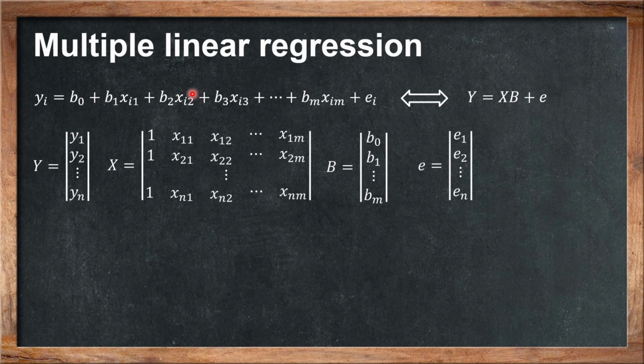If we increase x2 by 1, for example, we can expect on average y to increase by this value, or decrease if the coefficient is negative. The only question is how to compute the parameters given the statistics that we have.